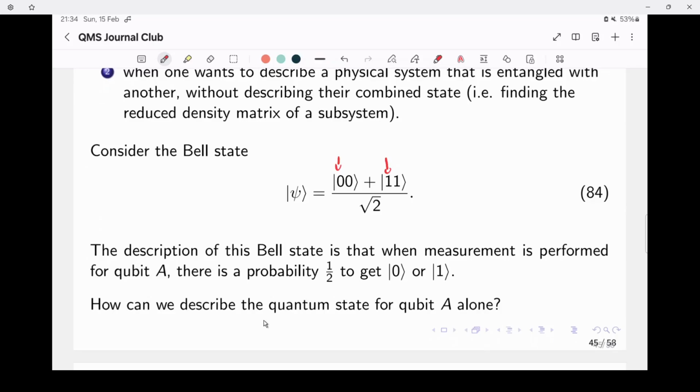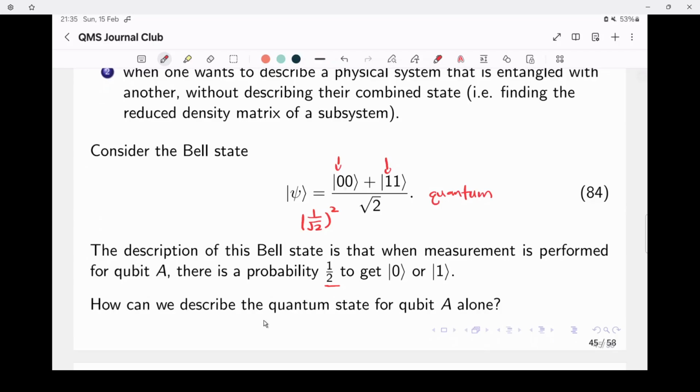So in this case, this is what we call a quantum treatment because we can write it in the state vector form. And the probability half is actually given by the probability amplitude. So in this case, it will be just 1 over square root 2. You square this, and you get probability equals 1 over 2. You get either 0 or 1.